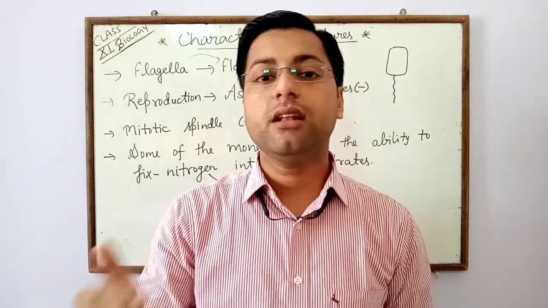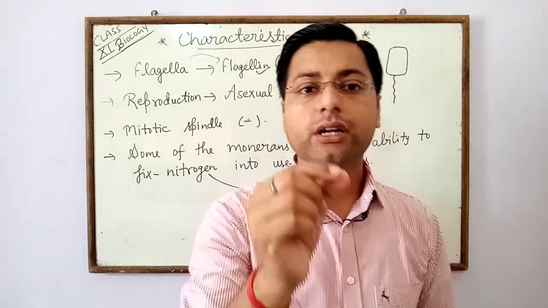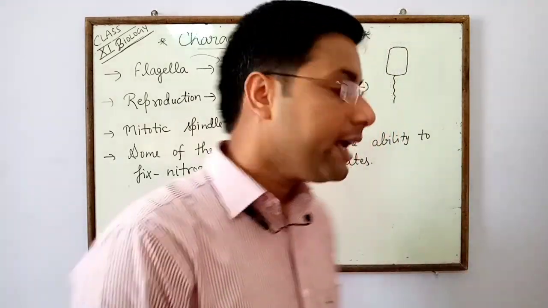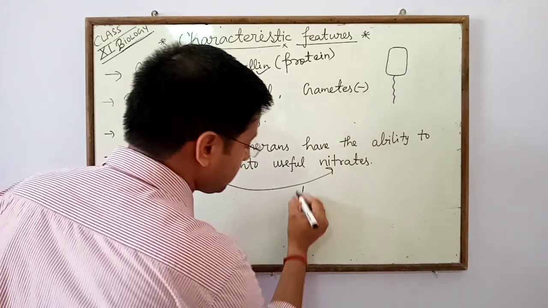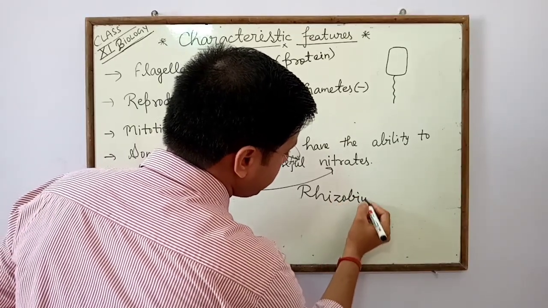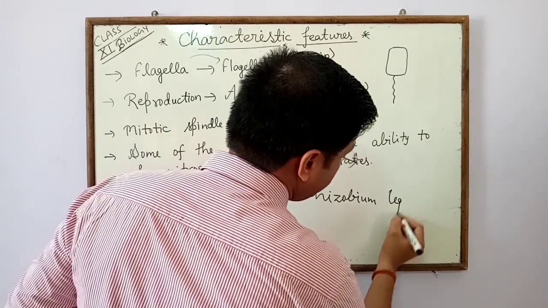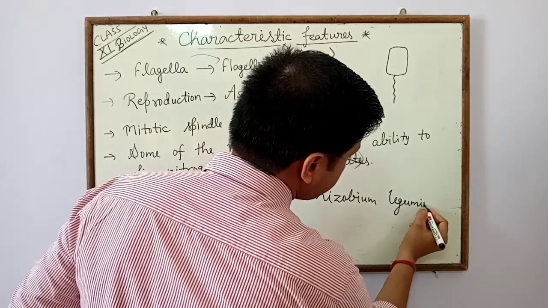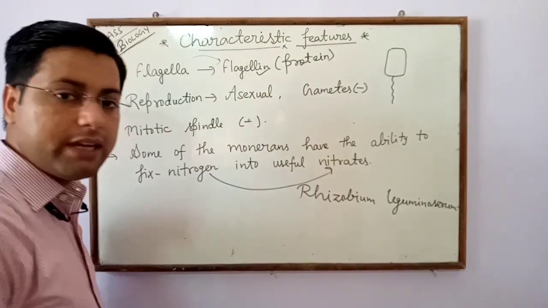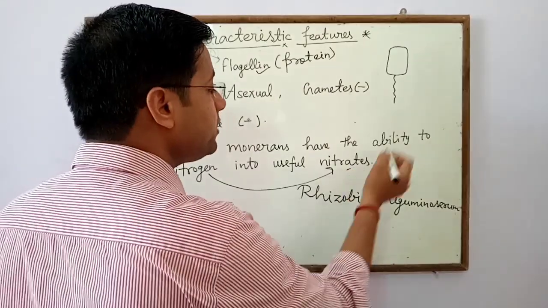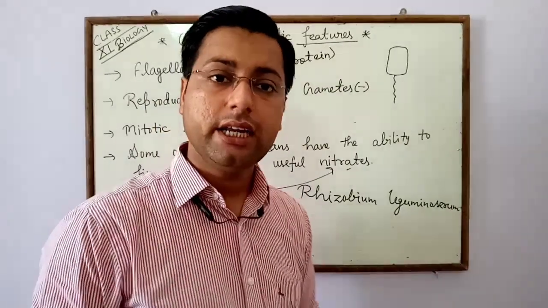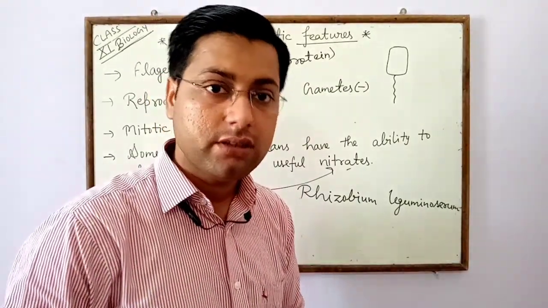So especially in legume crops, root nodule is present, and in their root nodule a special type of bacterium, that is Rhizobium leguminosarum, is present, and that Rhizobium leguminosarum fixes the atmospheric nitrogen and converts it into nitrate, and that nitrate is utilized by plants in the preparation of food material.